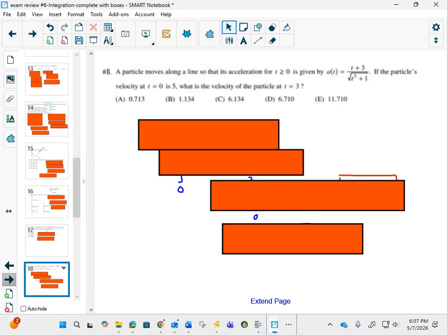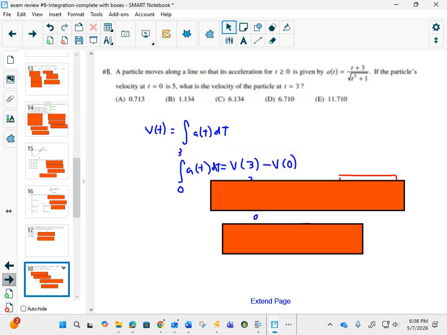The particle moves along a line, and they give us the equation of acceleration. If the particle's velocity at time 0 is 5, what is the velocity at time 3? So it's accumulation of change, right? Because if we do the integral of acceleration from 0 to 3, we'll find out how much the velocity has changed. We know we started with 5.